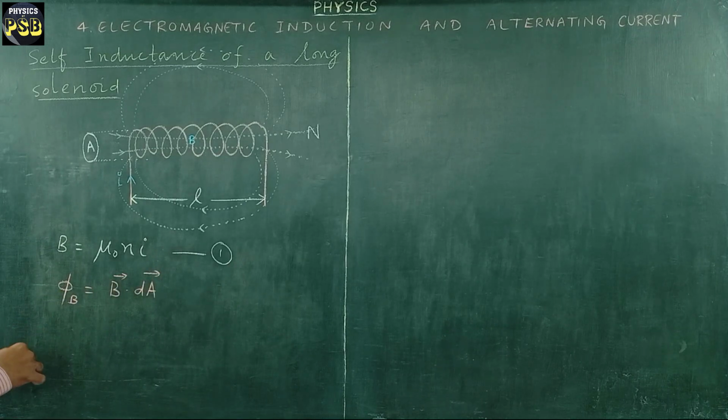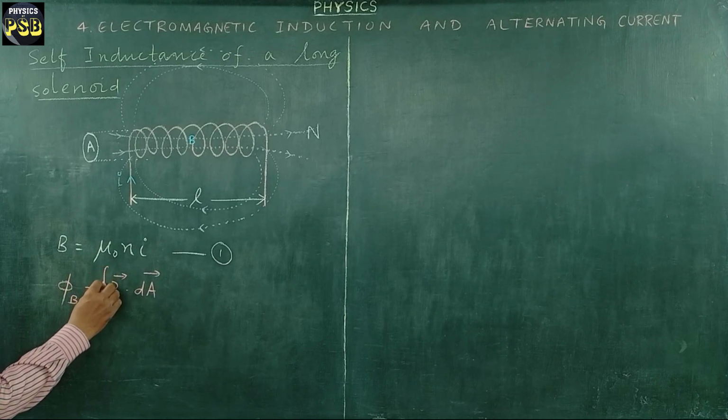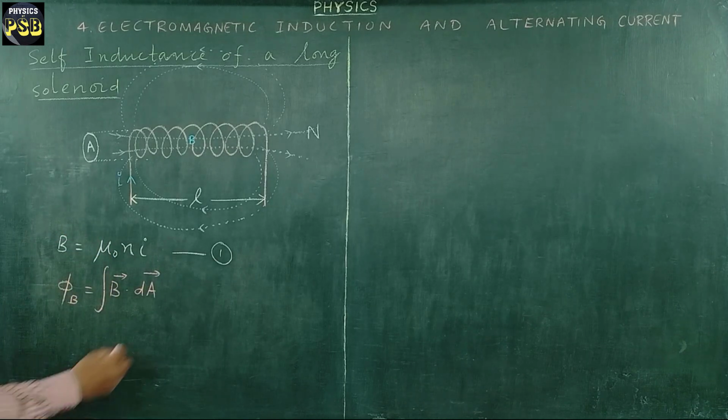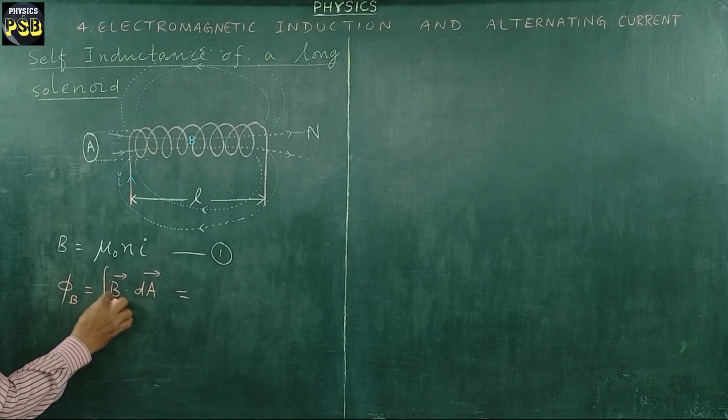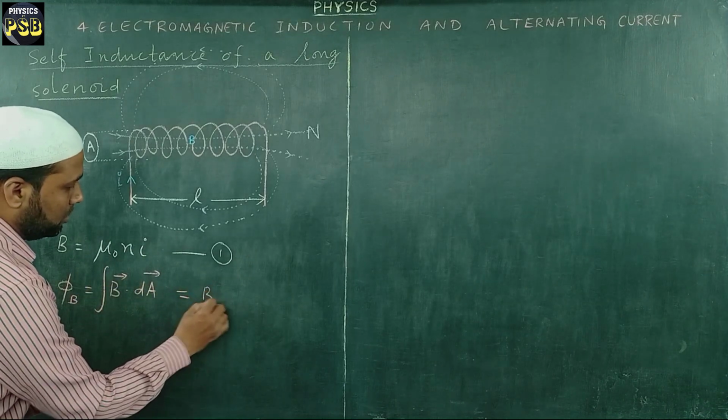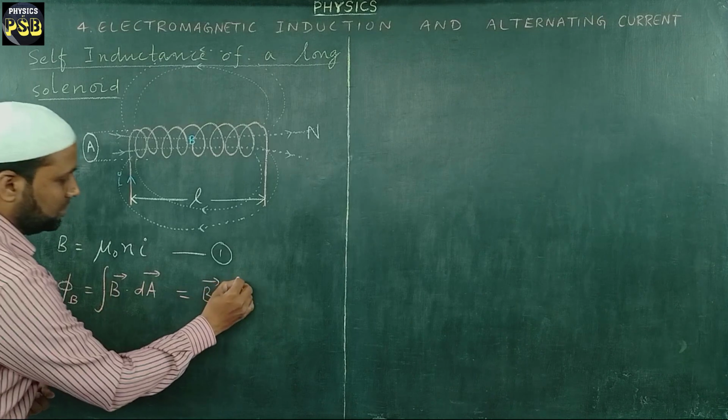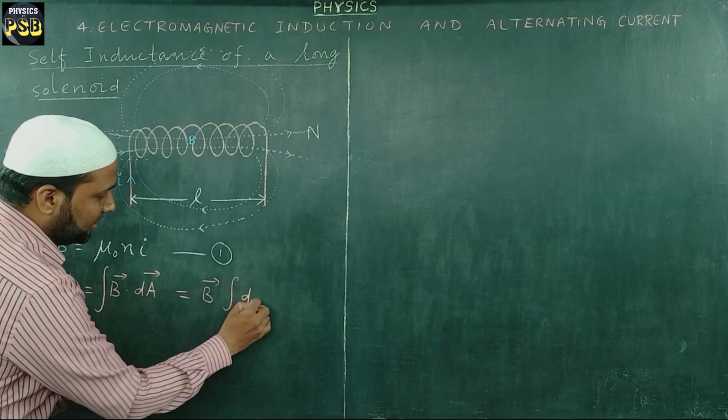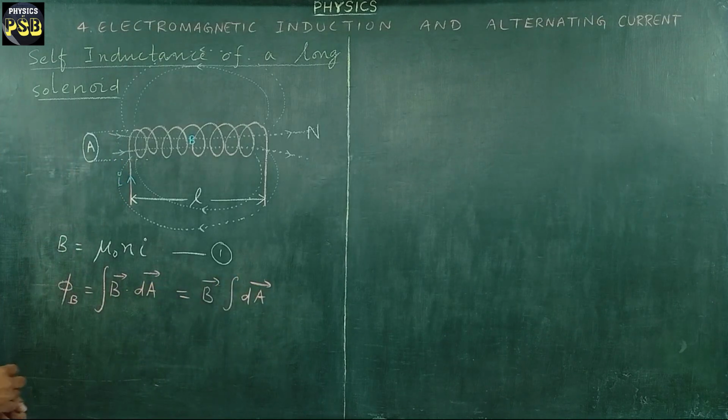So, to get the magnetic flux, I integrate this. In the next step, this is a constant, so it is taken out. We do not integrate a constant. Only this term is integrated. It is written this way.